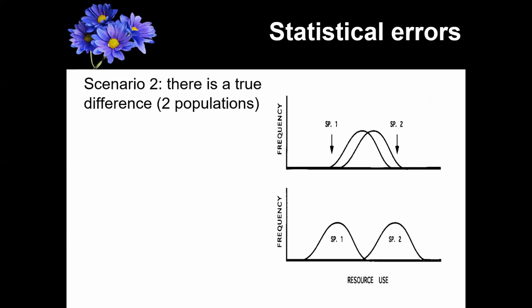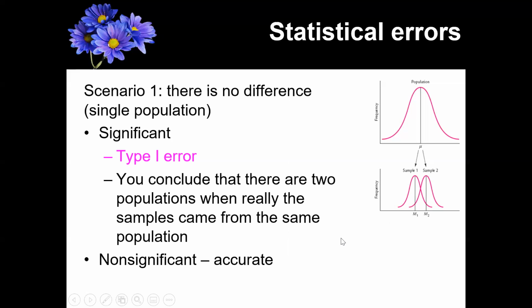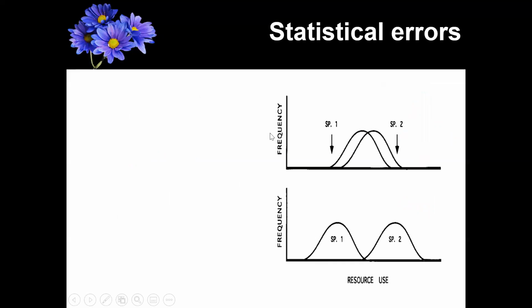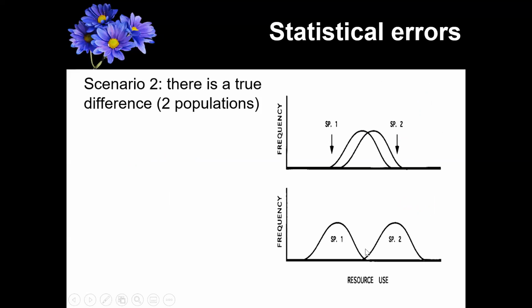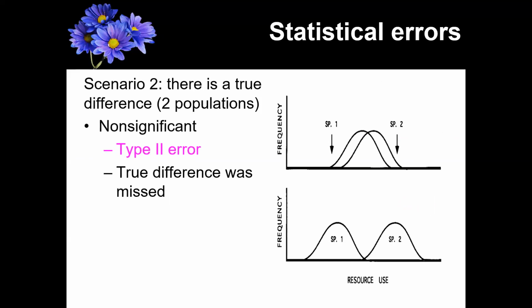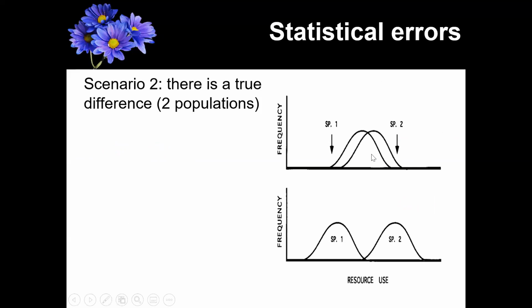The other possibility is that there is actually a difference and you don't pick up on it. Say you actually do have a difference in populations. Ideally, you should draw two samples that are significantly different, like you see here on the bottom. However, there's also the possibility that you happen to draw samples that are close enough that you don't find a significant difference.